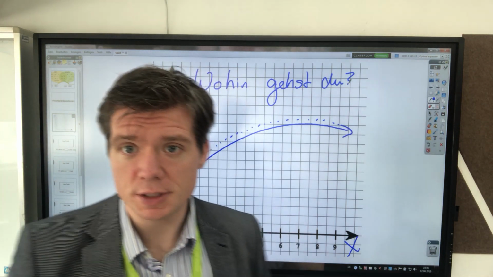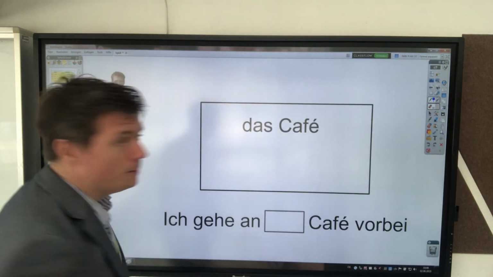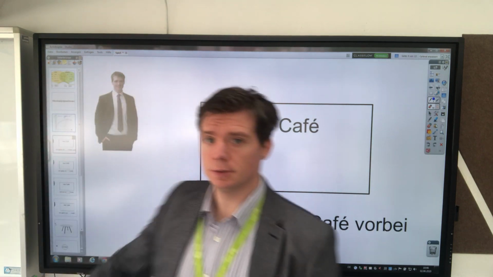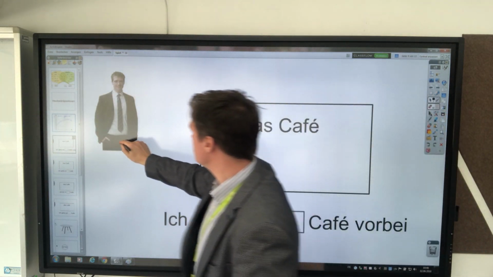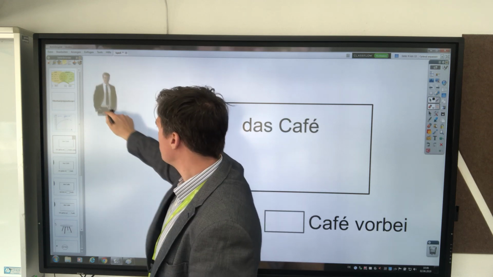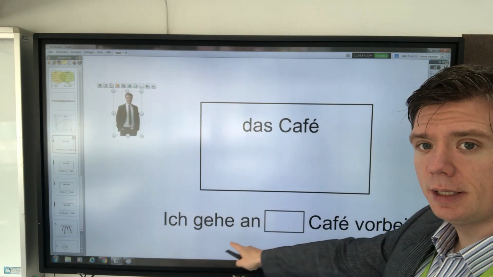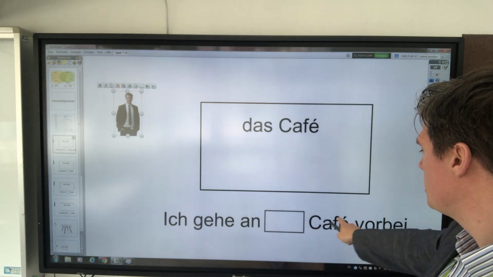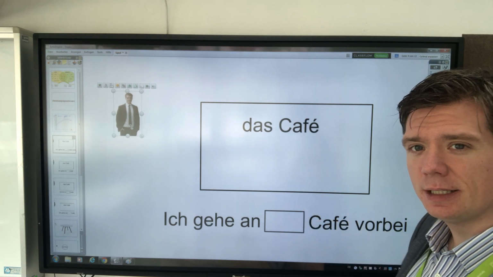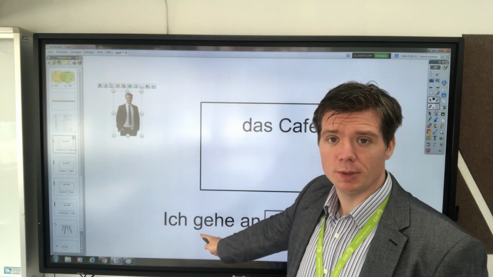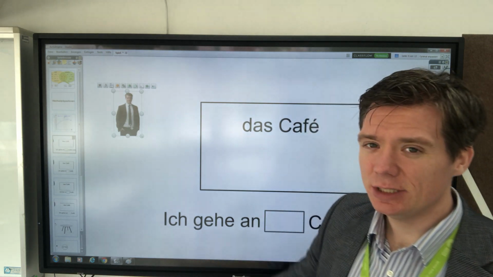And then how to check if it's accusative? So here's me. That's myself. Again, we have to make myself a bit small. I would love it if it were as easy as this. And the sentence is, ich gehe an Café vorbei. Okay, so now gehe is a movement. So accusative? Not correctly.